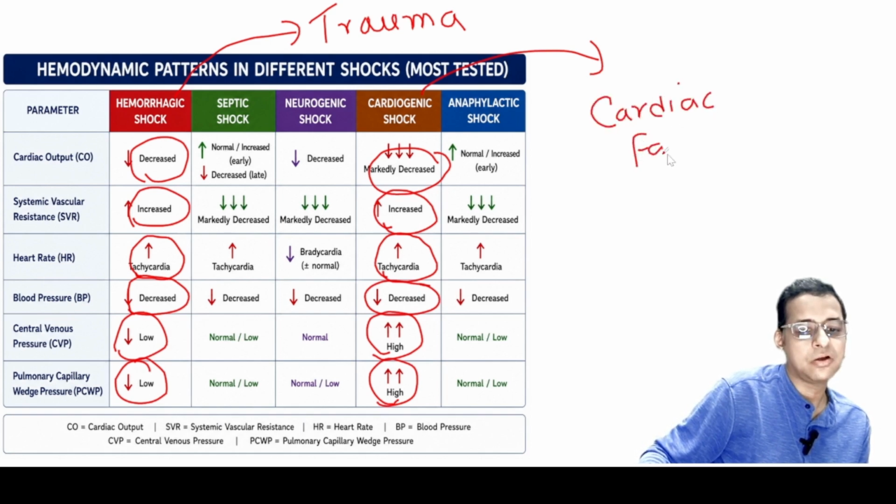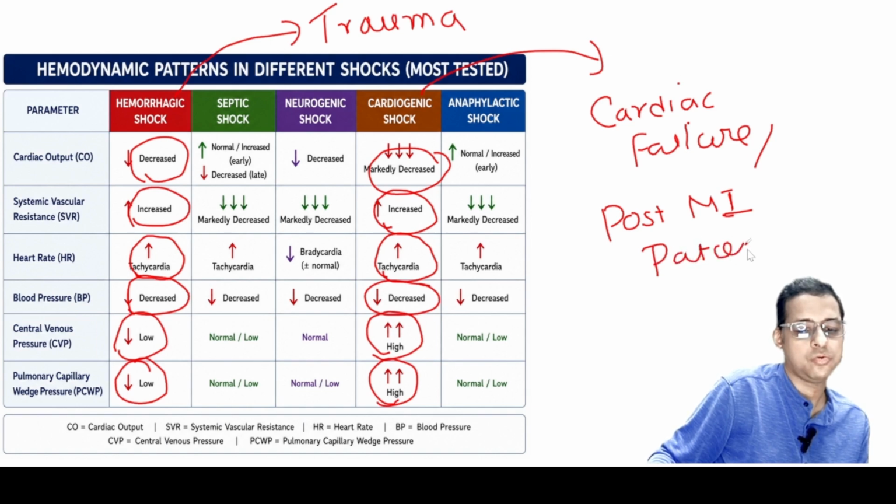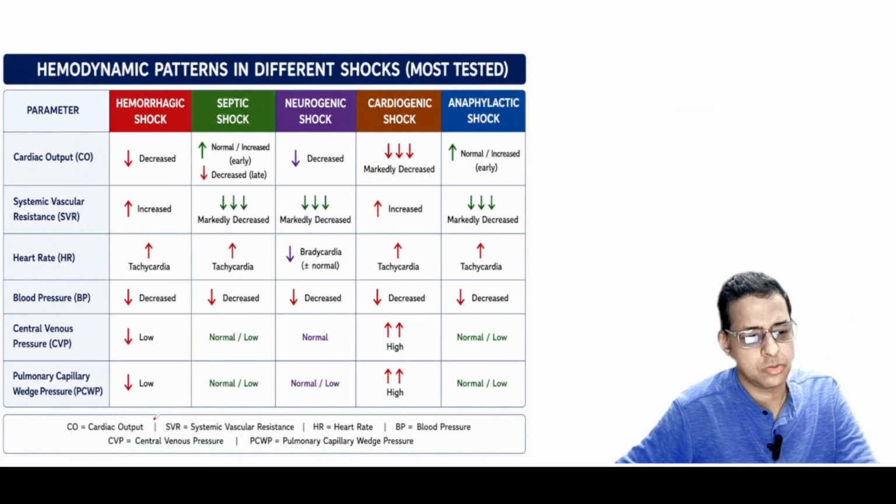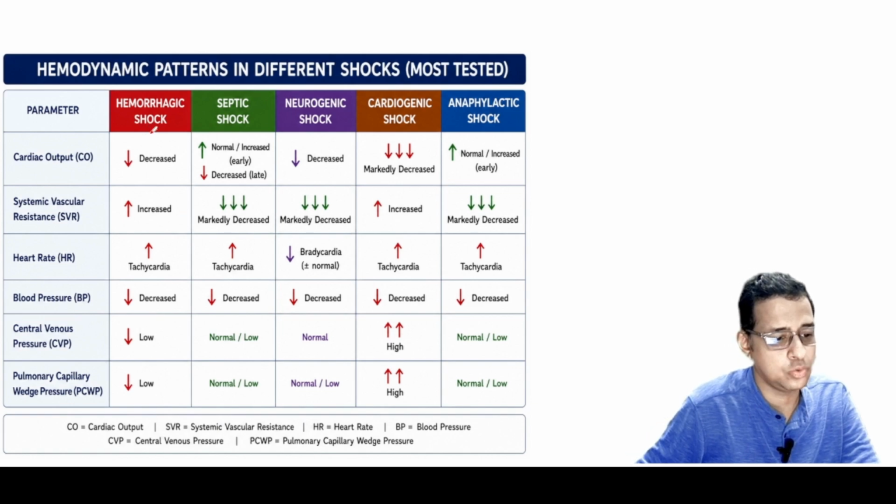Any cardiac example they will give, or they will also give you a post MI, myocardial infarction patient scenario, and they will give you all the hemodynamic parameters and you have to mark it. Okay, so that is all about the hemorrhagic shock and cardiogenic shock differences.